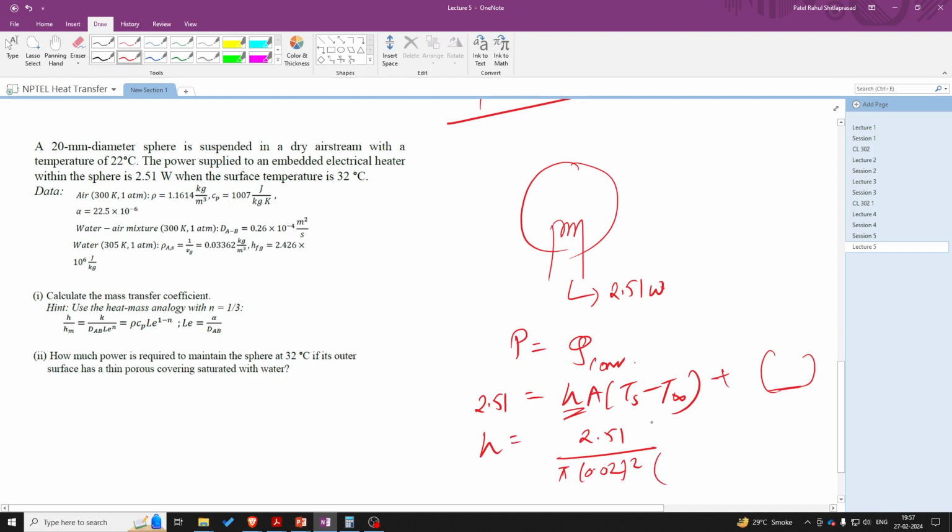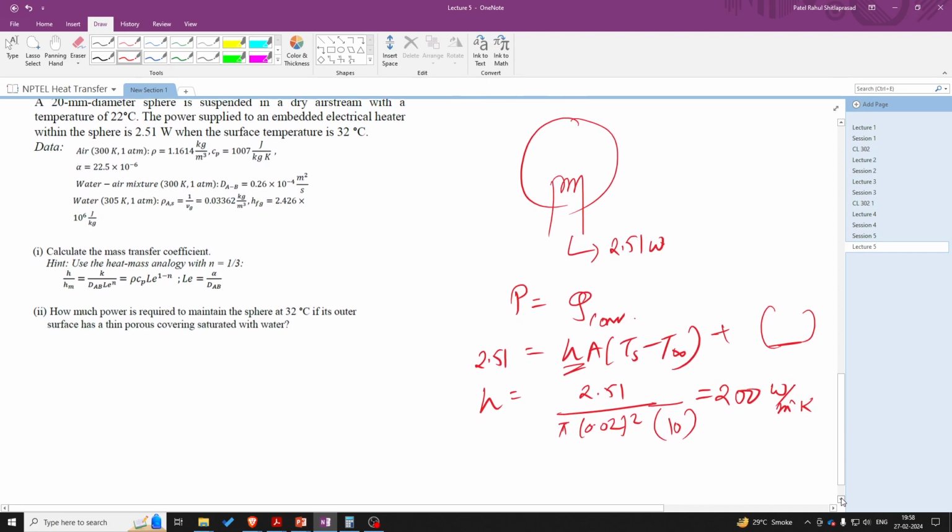At the surface we have the temperature of 32 degrees Celsius where the ambient air temperature is 22, so delta T will become 10. From this you can get the heat transfer coefficient as somewhere around 200 watt per meter square Kelvin.